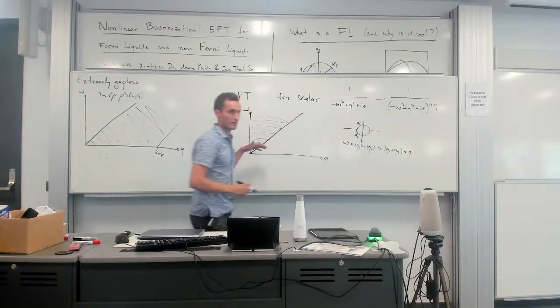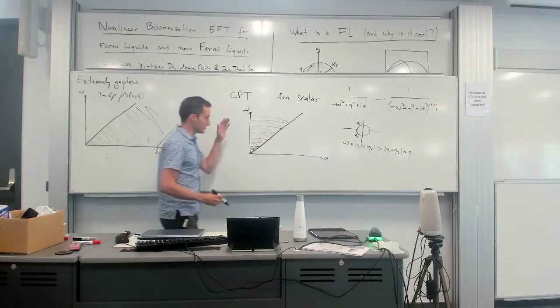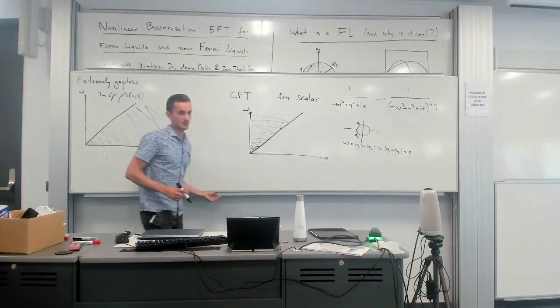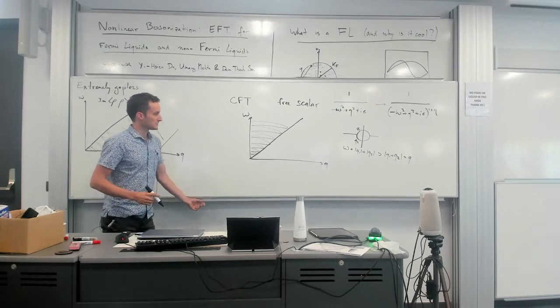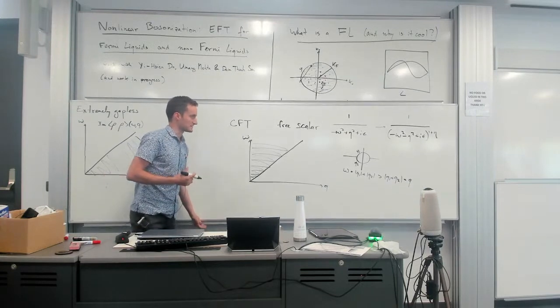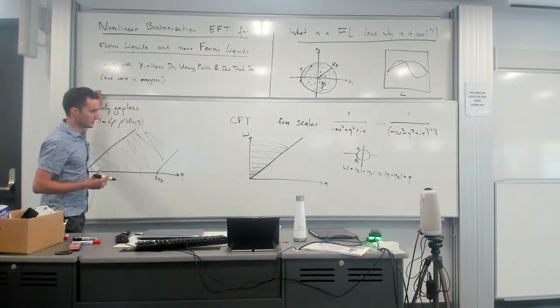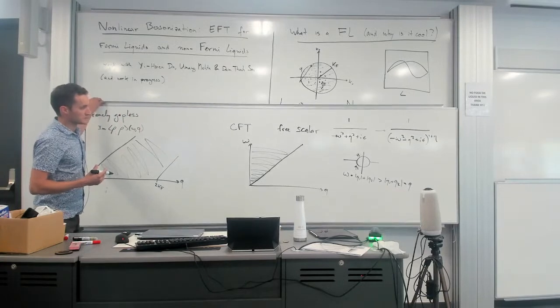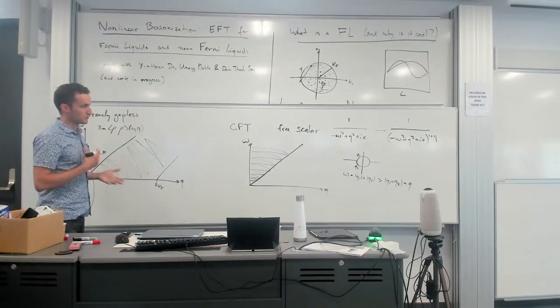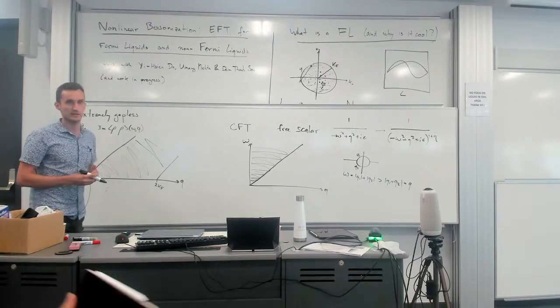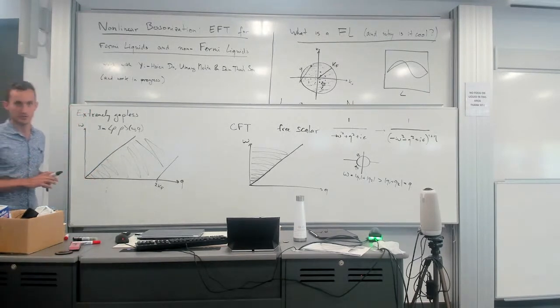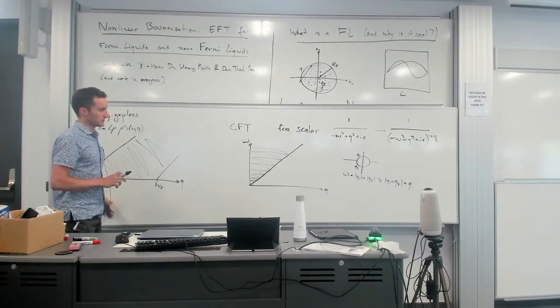So you have on-shell states over here, but you never get spectral densities down there. So this is really a signature of this extreme gaplessness of Fermi surfaces. It's what makes these systems both challenging to study with usual QFT tools, but also very interesting. It leads to a lot of new possibilities compared to more traditional quantum field theories.